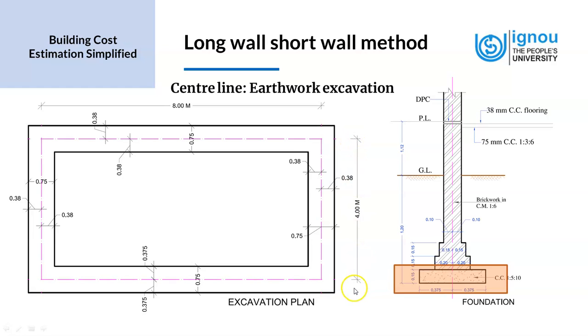So we have 4 meters here and we have to subtract this half width of the foundation, which is 0.375, rounded to 0.38. So we need to subtract this 0.375, this 0.375, this length, and this small little 0.375 from the central line of the short wall.